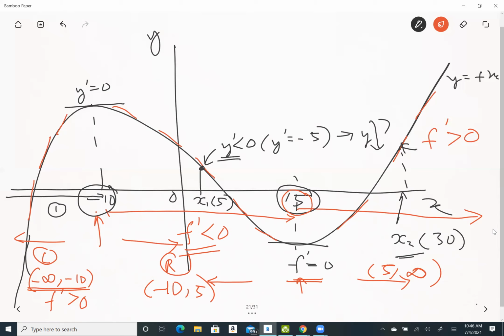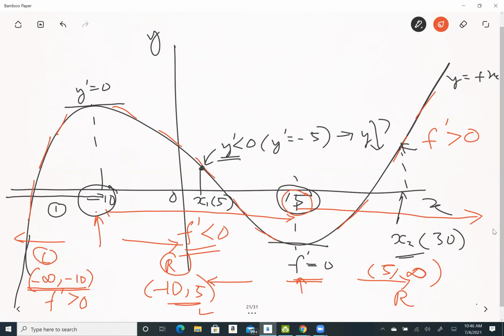From -10 to 5. So this one is the left interval now, because we are looking at x equal to 5. And the interval on the right is 5 to infinity. So the middle interval, -10 to 5, is the right interval for the first point, and the left interval for the second point.